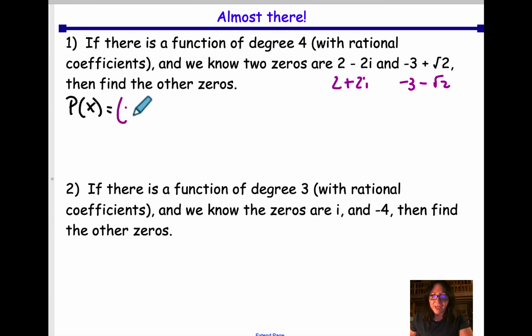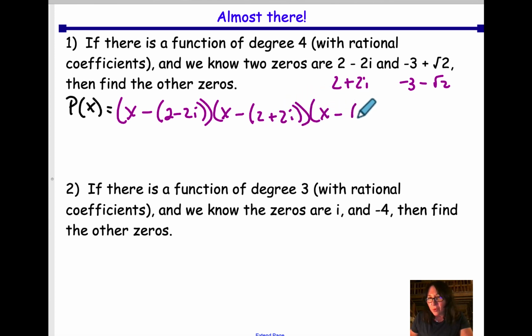So this would be x minus the quantity 2 minus 2i, and then x minus the quantity 2 plus 2i, and then x minus the quantity negative 3 plus root 2, times the quantity x minus the quantity negative 3 minus root 2.